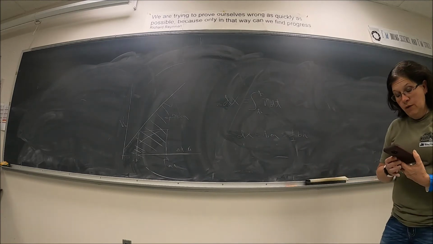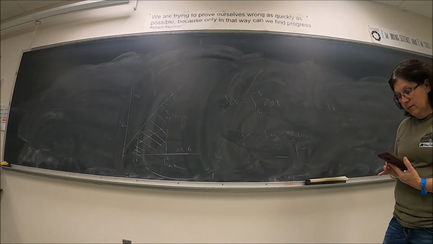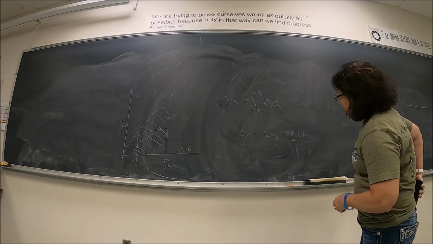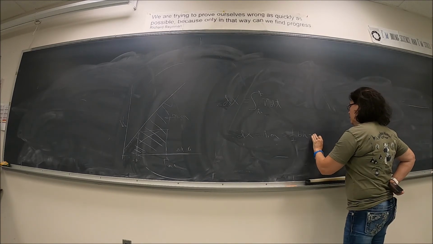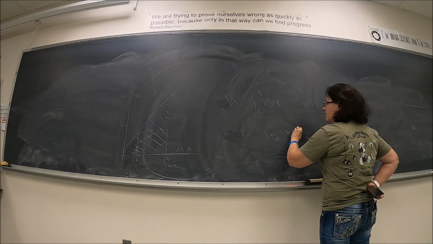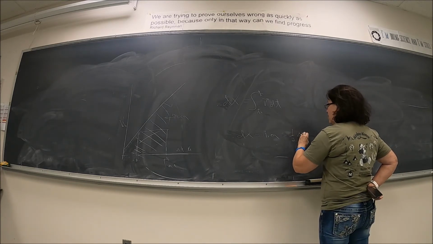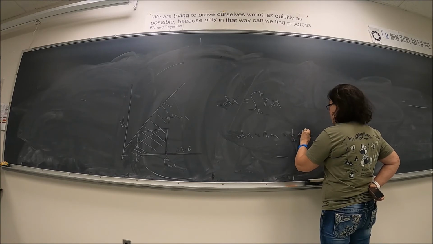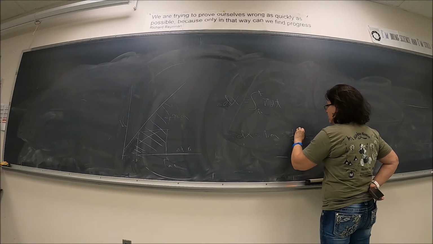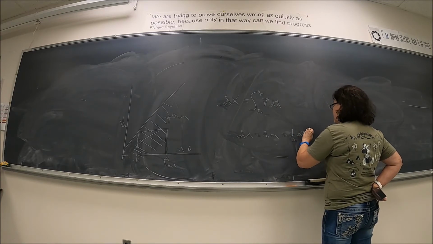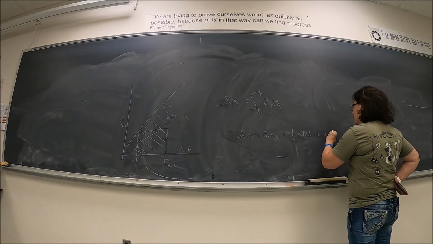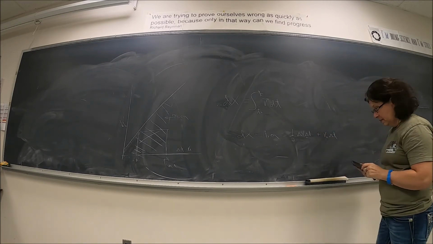Okay? So if you put those together, it would be 1/2 delta v delta t plus v initial delta t.